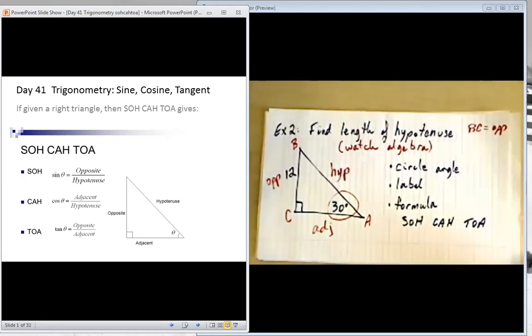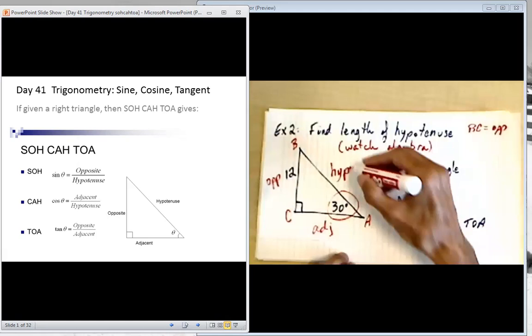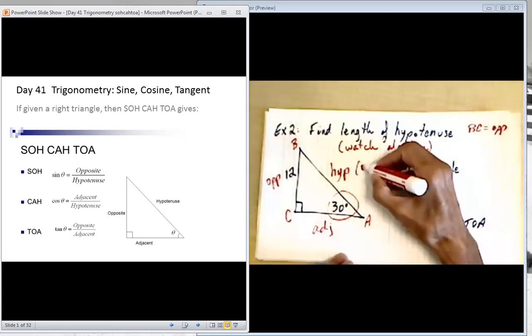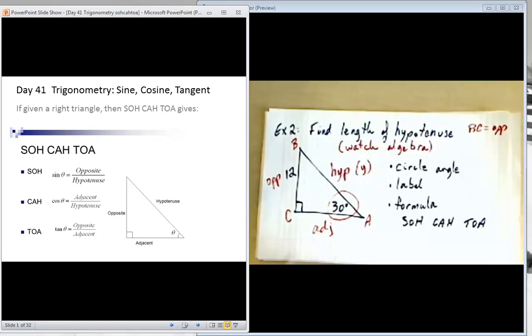Should put Y? For BA, you want to call it Y? We could.